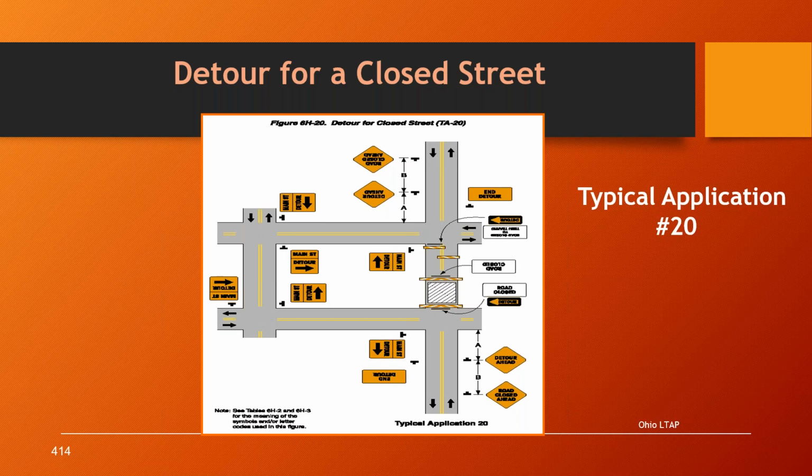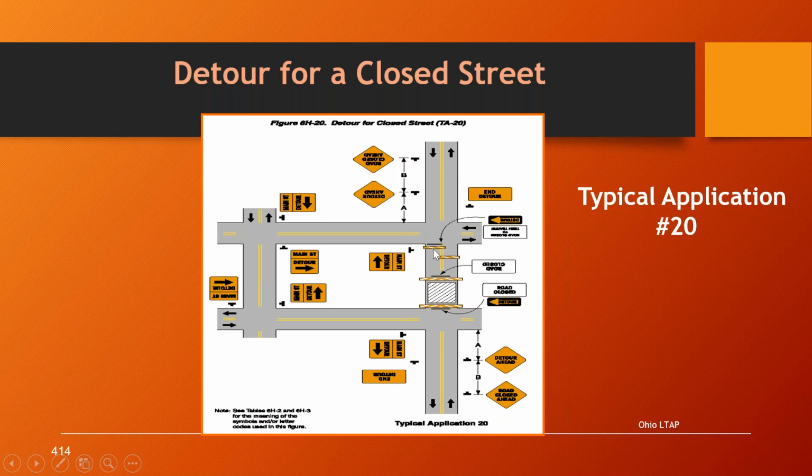Then we have typical application number 20 is where we have the detour for a closed street. So both directions are closed in this case. And so we have to make sure that the signs are correct in both directions to get them around this closed street.